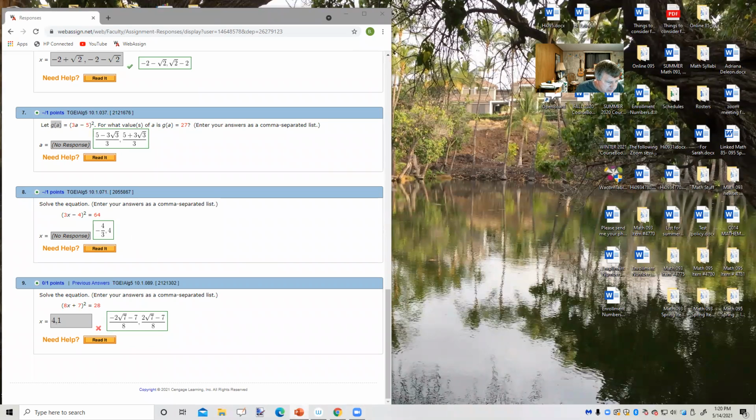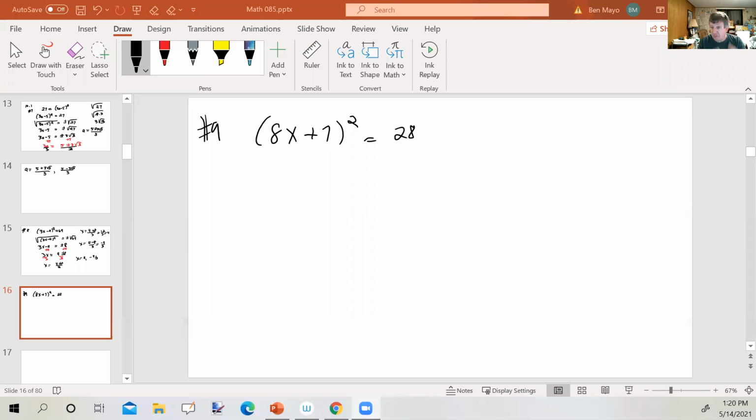solve the equation, and we have the quantity 8x plus 7 squared equals 28. And we're going to take the square root of both sides of that. So back to the whiteboard. It's already set up. The perfect square with a variable in it equals 28.